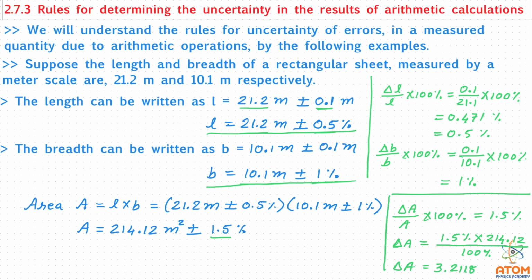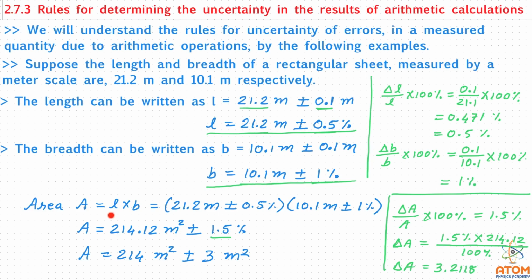So I can write the area again in the form of absolute error by saying 214 meter square plus or minus 3 only meter square. Now why am I writing 214 only, not 214.12? Let me show you. The length, 21.2, and the breadth, 10.1, both have 3 significant figures.